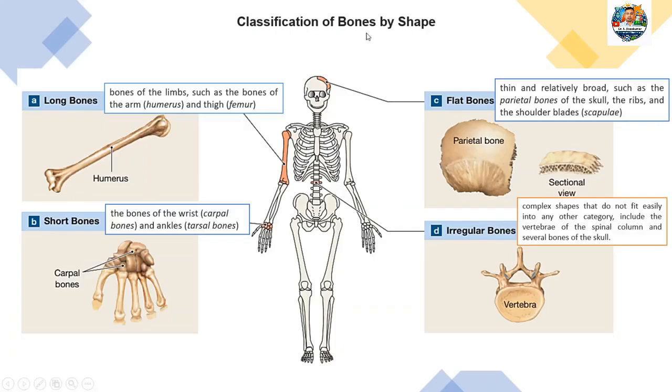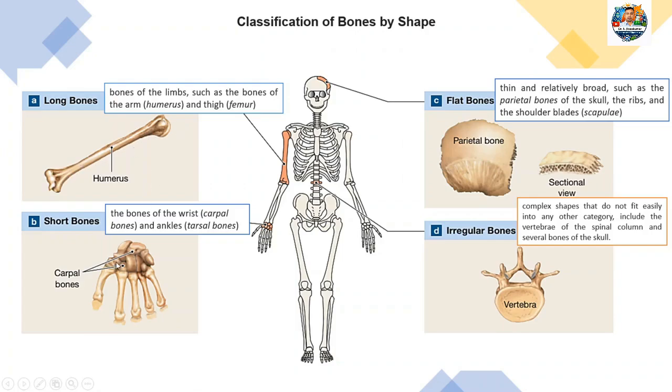So bone can be simply classified based on their shapes, and according to the shape, bones are classified into these 4 groups: the long bones, short bones, flat bones, and irregular bones. As the name indicates, the long bones are bones which are relatively long. That means it has a relatively higher length compared to the width or breadth of the bone.